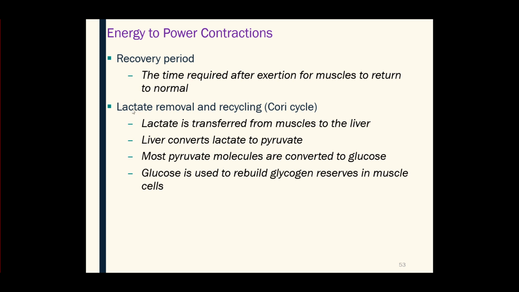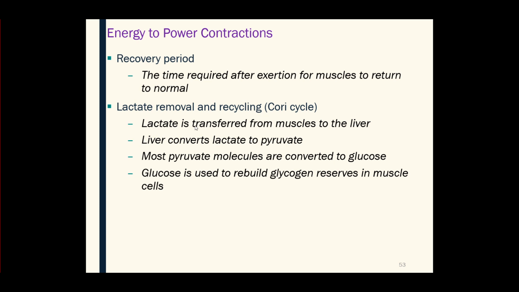As I mentioned before, that lactate will go into the bloodstream. So it diffuses from your muscle into the bloodstream, and in the liver it gets transformed back to glucose. That process is known as the Cori cycle. Right? It's these chemical reactions. It's a pathway where we convert the lactate back into glucose.